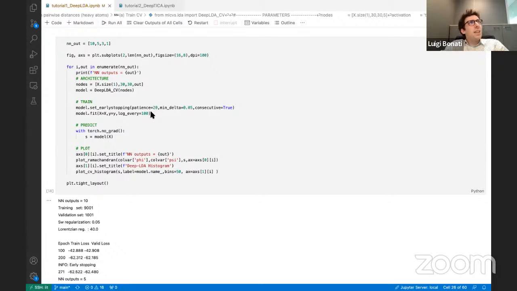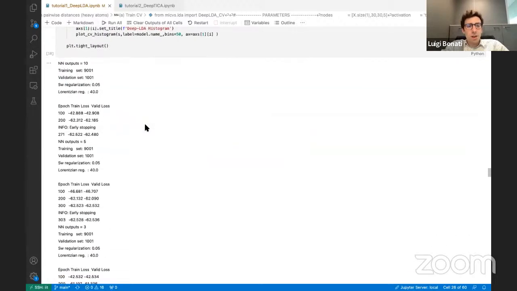So this means that we could use 10, 5, 3, even just a single output of the network.